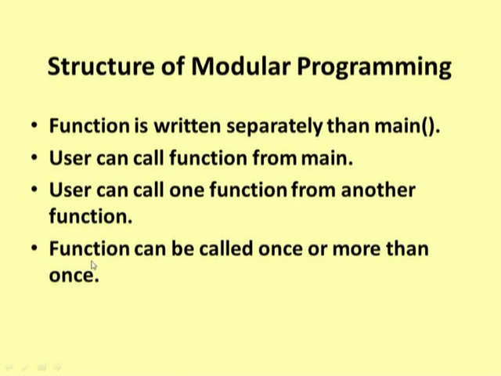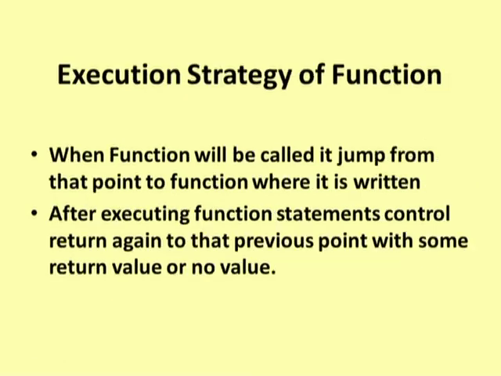The next point, that is, a function can be called one or more than one time, means I can use the ready-made functionality one time or more than one time. As the previous example showed, if I want to draw the line 2 times, before the statement and after the statement, I call drawLine more than once. Clear? So this is regarding the modular programming approach.